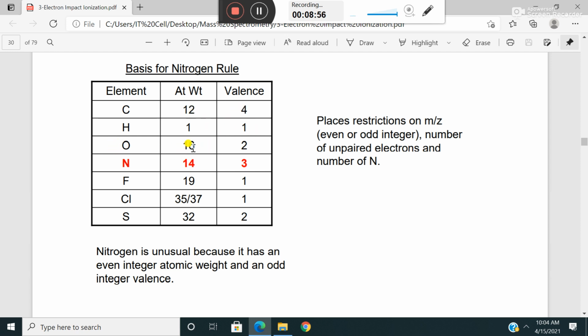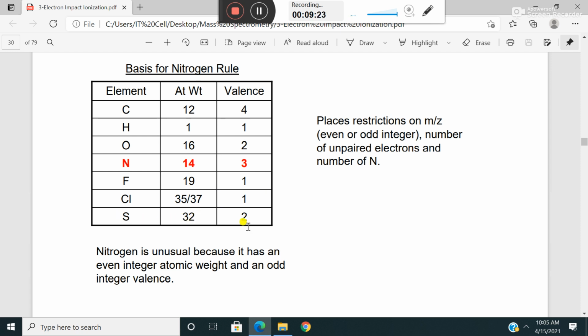What about oxygen? Atomic weight is 16, which is even, and so is the valency, even, even. Similarly, for fluorine, atomic weight is odd, and the valency is 1, odd. For both isotopes of chlorine, they are odd, and so is their valency.